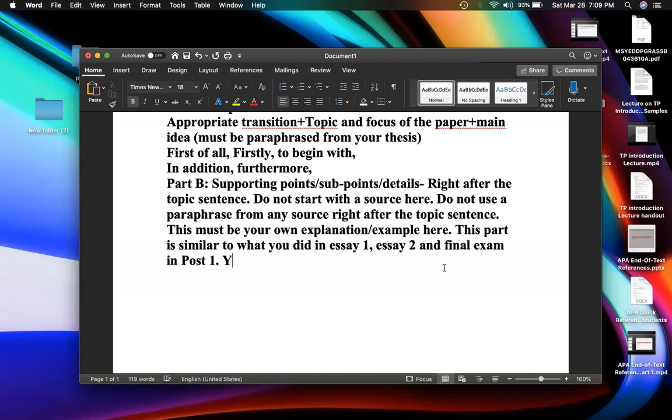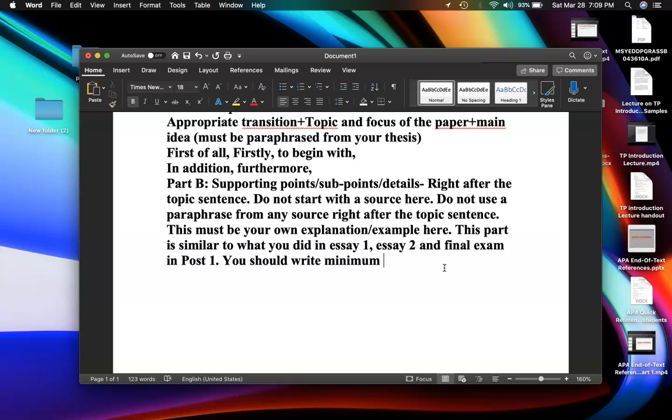So minimum, this is my approach. I always tell my students, write the topic sentence, explain it more, discuss it more, elaborate further without using any book, website, article, any source. Just think you are writing your 202 essay. Cause number 1, effect number 1, advantage number 1, advantage number 2, whatever the main idea is, you are explaining it more.